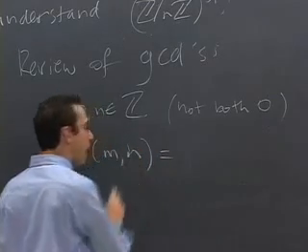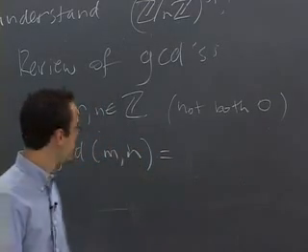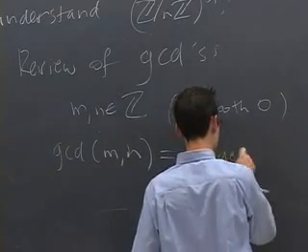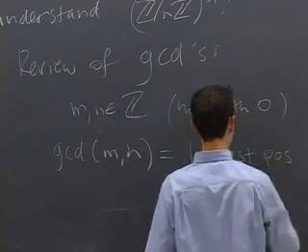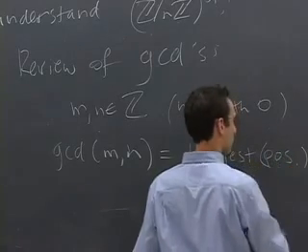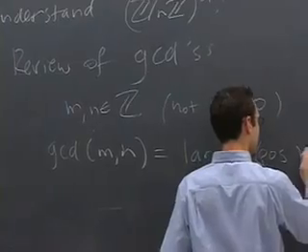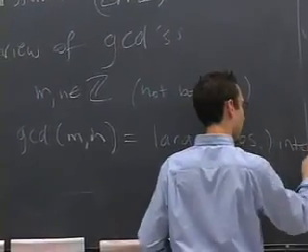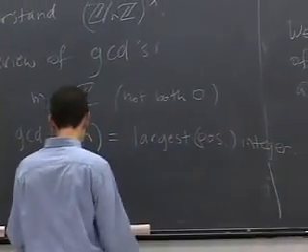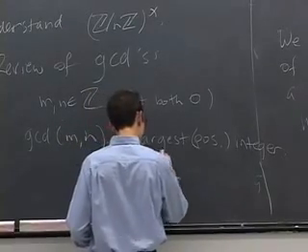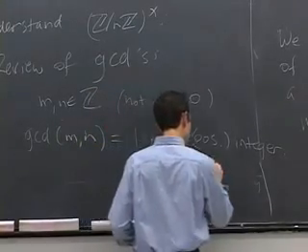Well, you were probably taught this in elementary school as the largest positive integer, where this is a sort of redundant part of the definition, the largest integer that divides both m and n.